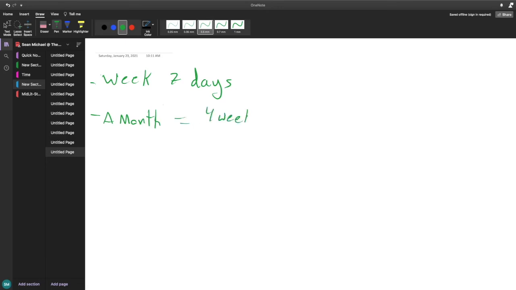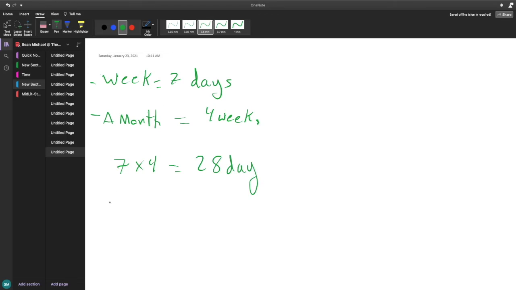That's kind of what we average it out to. 4 weeks is basically what a month has. And so if you want to compare these different things, if you wanted to see a month, you would just do 7 times 4, and then the average month is going to be 28 days. That's the rounded month.